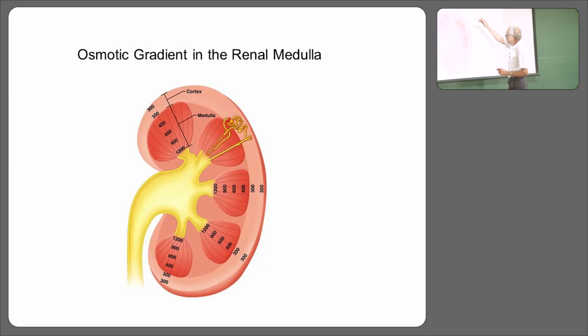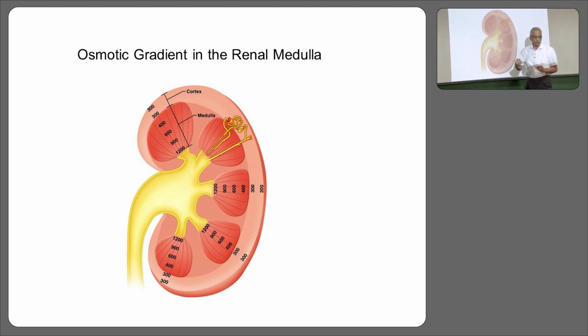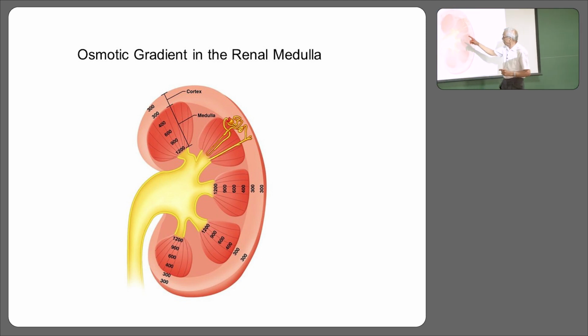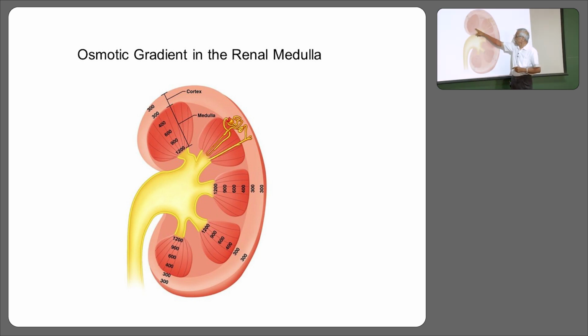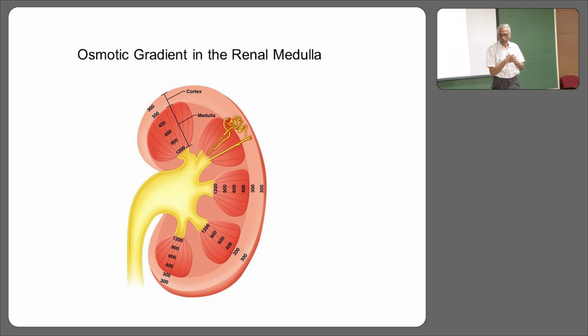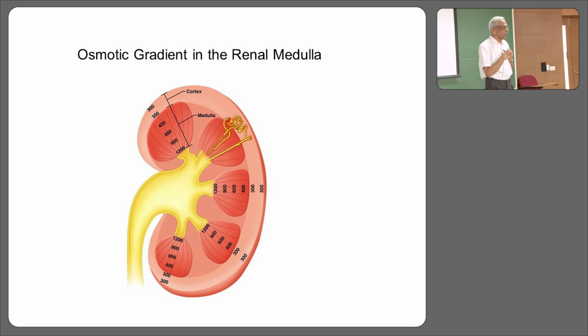In the cortex, what is the osmolarity of the interstitial fluid, and then you go in the medulla and how much it becomes? So read there, 400, 600, 900, 1200. Similarly here 300, 300, 400. So as you go deeper into the medulla, the osmolarity of the fluid goes on increasing.